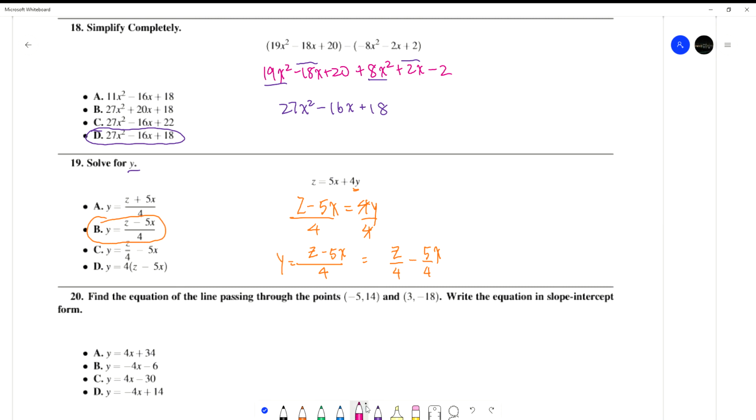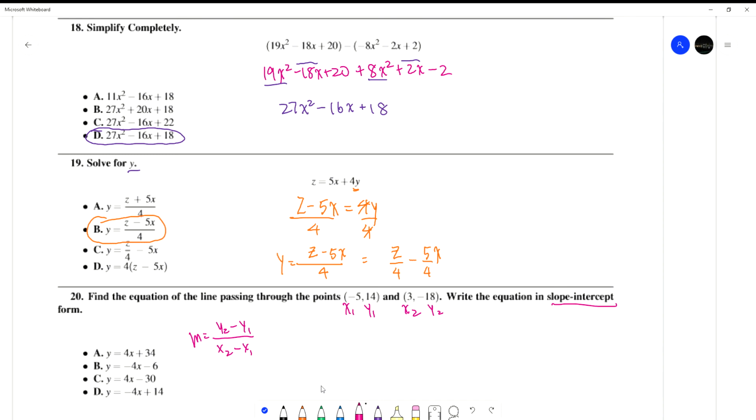Okay, we're approaching the end of our exam soon. All right, so we have to find the equation of the line passing through these 2 points, and we have to write it in slope-intercept form. So first, we need to find the slope. So here's my x1, y1, x2, y2, and the slope formula, in case you forgot, is m is equal to y2 minus y1 over x2 minus x1, right?